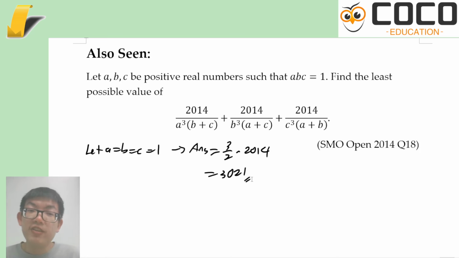But what I felt sorry for is if anyone actually tried to solve this in the SMO Open properly. Because if you try to solve this in the SMO Open properly, without having seen it before, there is very, very, very scant chance you're going to solve an IMO question in 5 minutes. We can have a debate another day, or you can write in and complain to the Singapore Math Society another day about why are they putting IMO questions into the SMO Open, or you can just guess that it is all one.